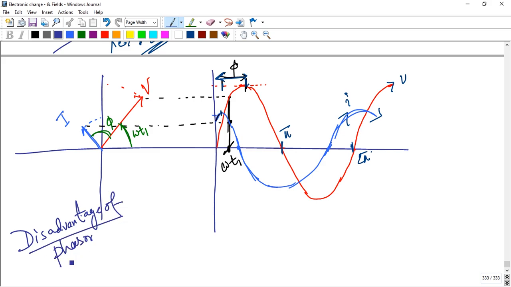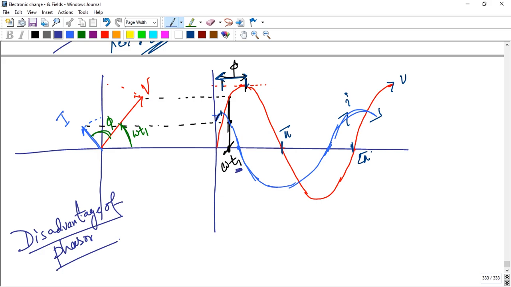The first disadvantage is that the phasor diagram says nothing about the initial condition. Here we choose an arbitrary t1. In the previous class, when an AC voltage is applied to the inductor, resistor, capacitor, we also chose an arbitrary value of t, which we call t1, for solving the phasor representation.